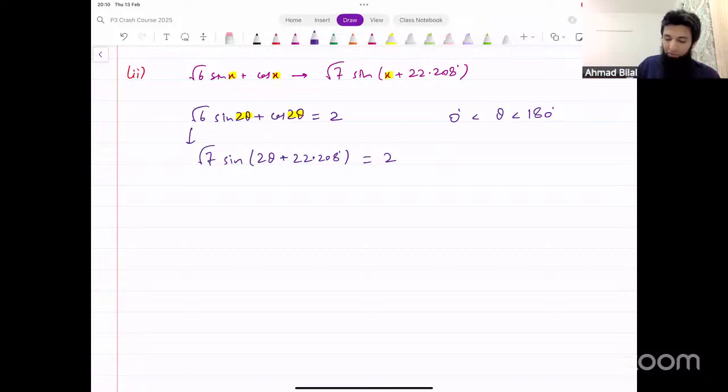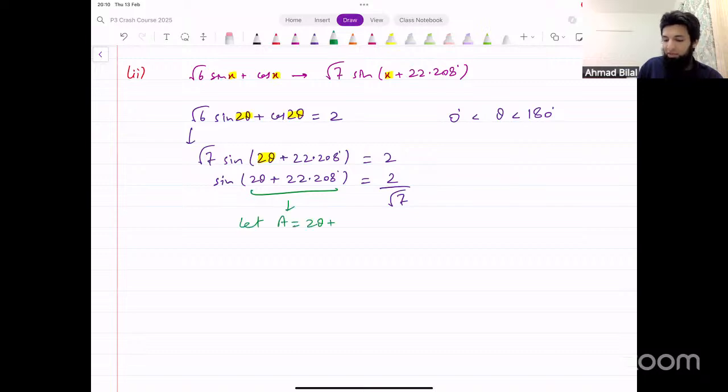What do we do at this point? We can divide square root of 7 on the other side. Sine of 2 theta plus 22.208 equals 2 over square root of 7. Let's use a substitution. Let a equals 2 theta plus 22.208. And the equation would then become sine a equals 2 over square root of 7.